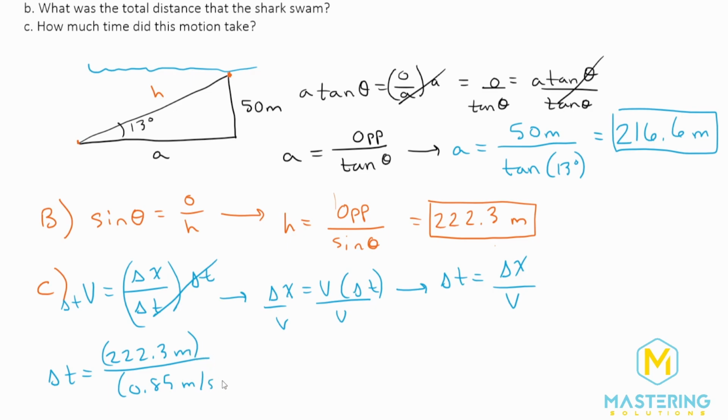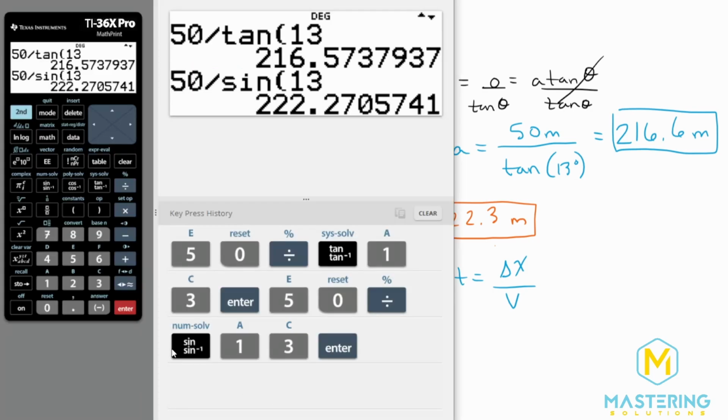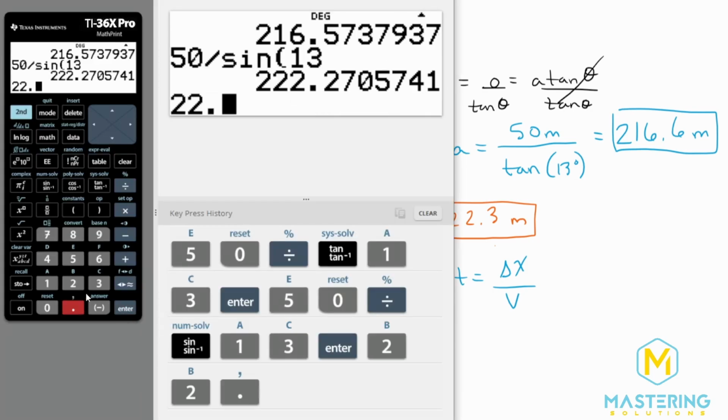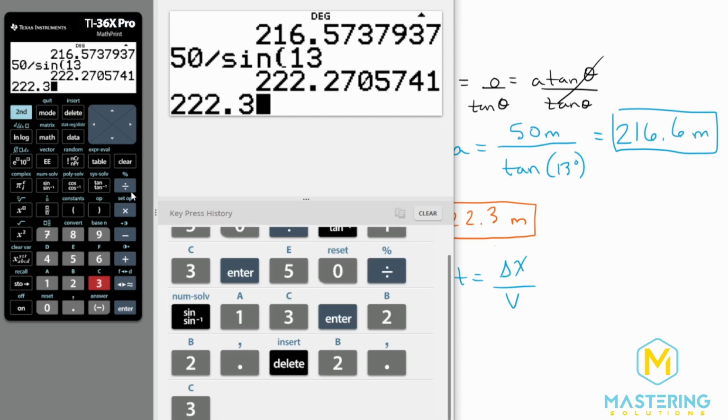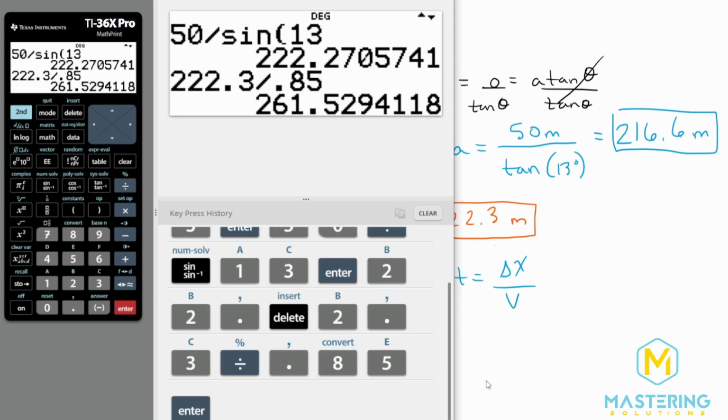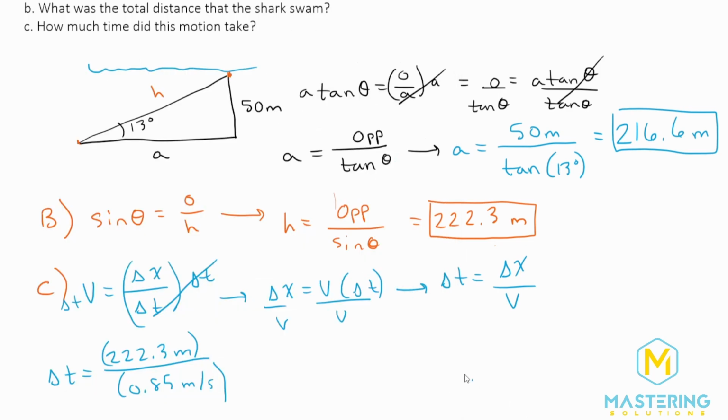So the meters will cancel and we'll be left with seconds, which is the unit that we need. So it's a double check that we did our math correctly. So now we have 222.3 divided by this velocity, 0.85, which gives us a time of 261.5 or 260 rounded seconds for significant figures.